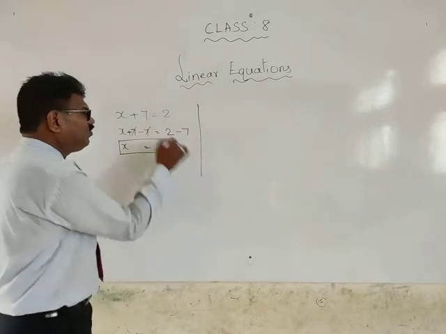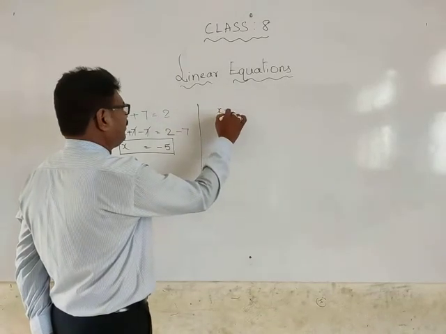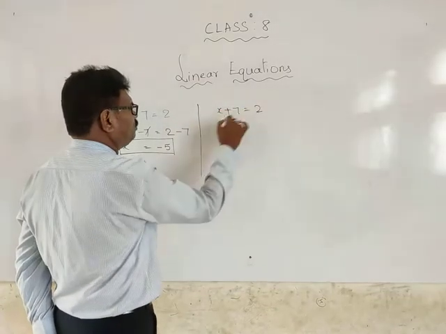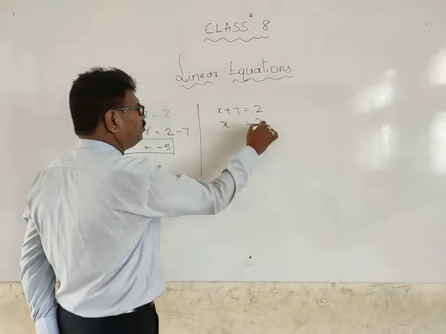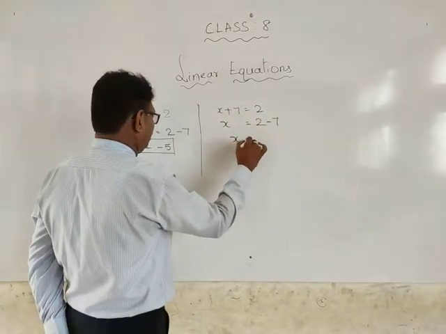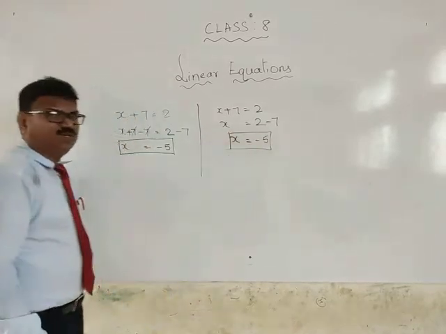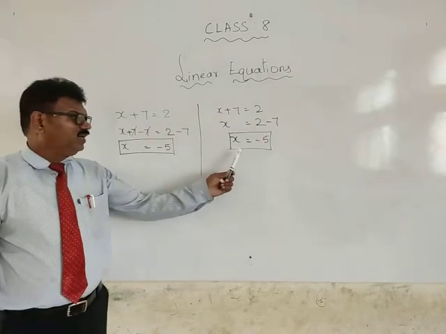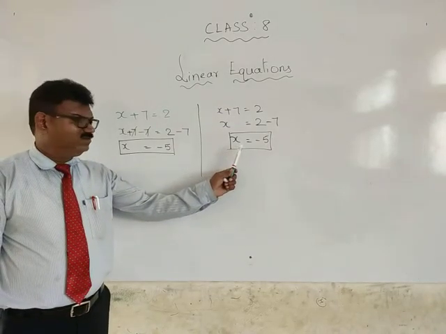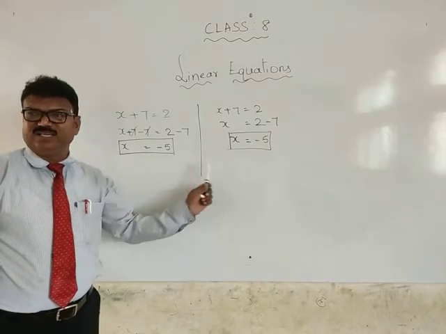This is one method. The second method, very simple. x plus 7 is equal to 2. x is equal to 2 plus 7, if it comes here, minus 7. Therefore, x equal to minus 5. So, whichever you want, you can follow, whether this or this, but both are one and the same.